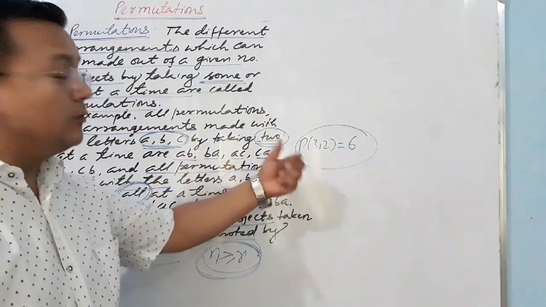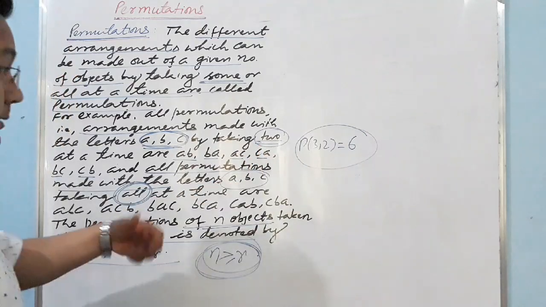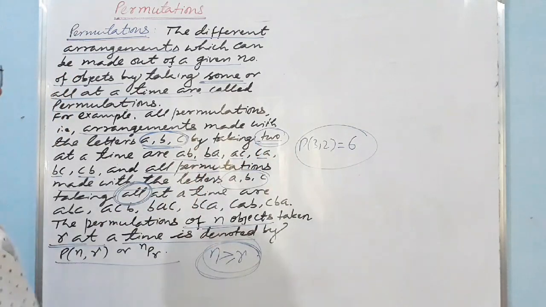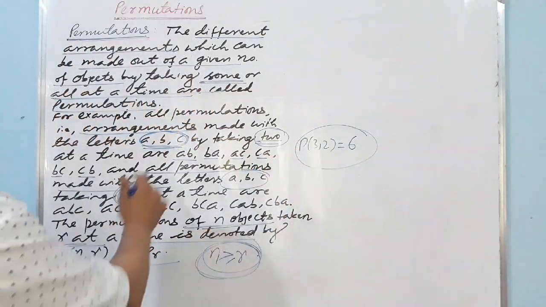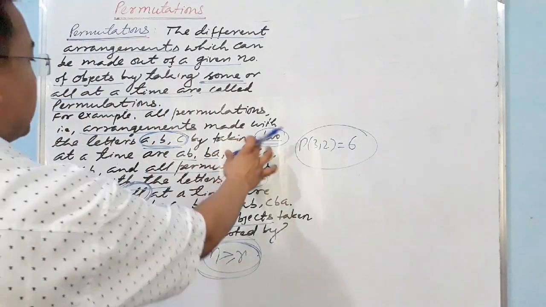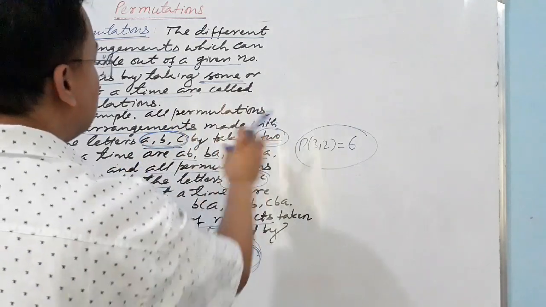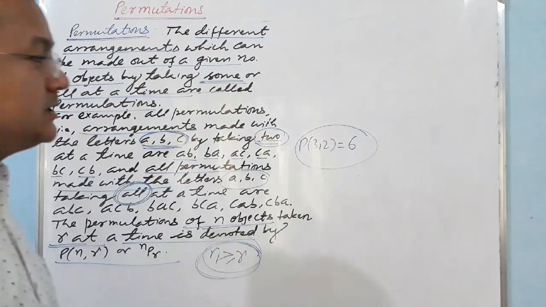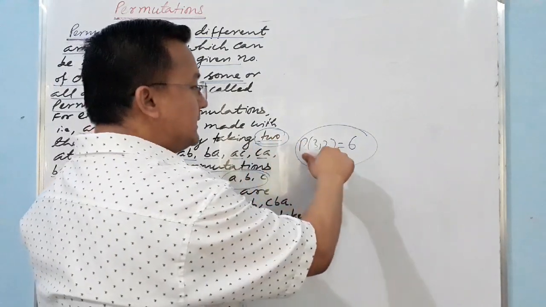Later we will find the formula for this. So P(3, 2) is equal to 6 here by counting the number of arrangements of 3 objects taken 2 at a time.